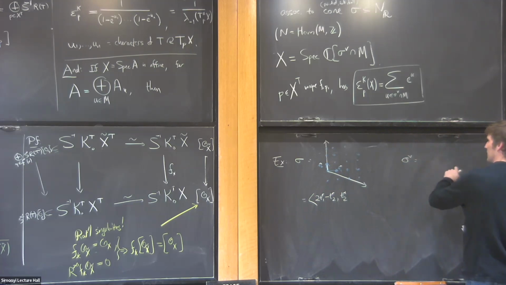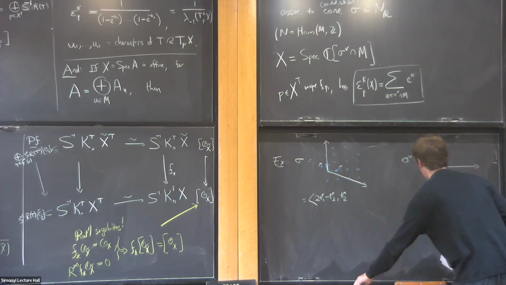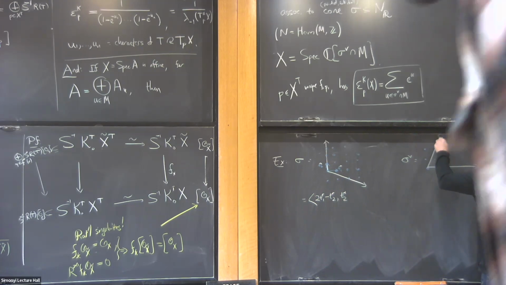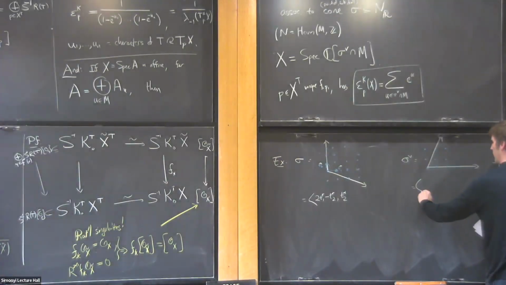The dual cone is easy to see in the two-dimensional case. It's generated by what I want to call T1 and T1 plus 2 T2.